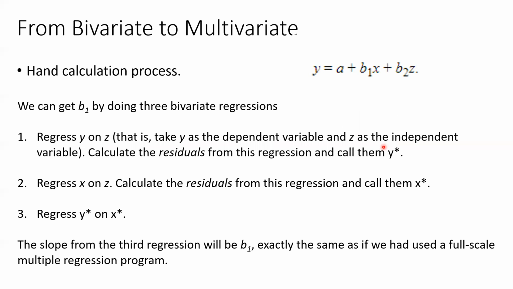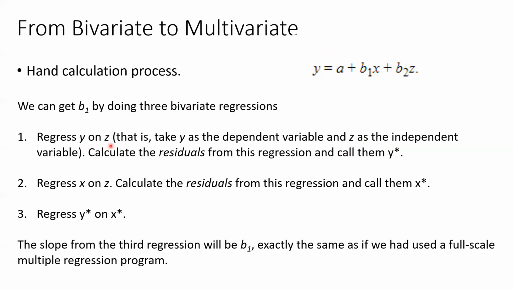As we move from one independent variable to two independent variables or more, the math gets a lot more complicated. When we have two independent variables, we essentially run through a three-step process. First, we regress y on z, that is, take y as the dependent variable and z as the independent variable. So in our equation, x and z are independent variables. But if we were going to do this by hand, we would run multiple sets of bivariate regressions.